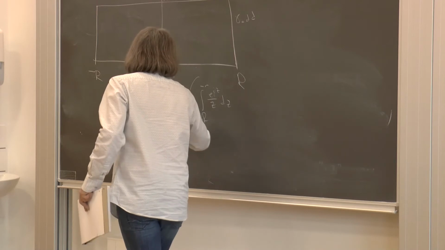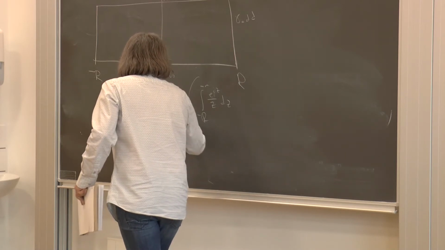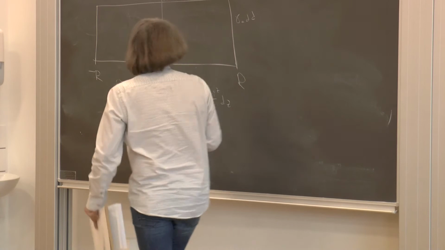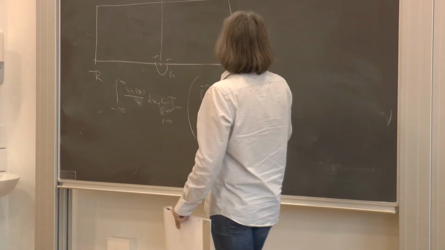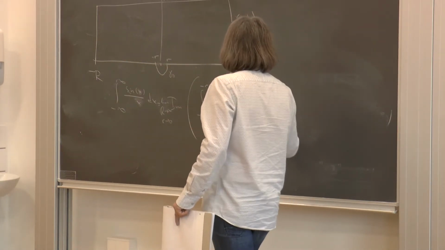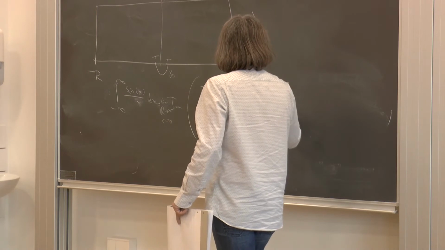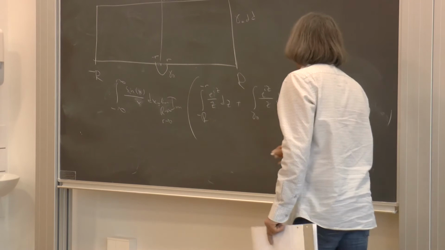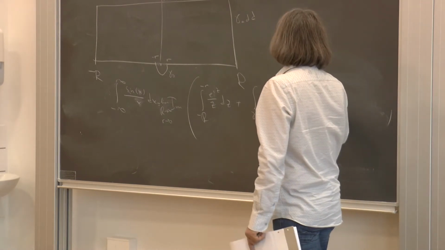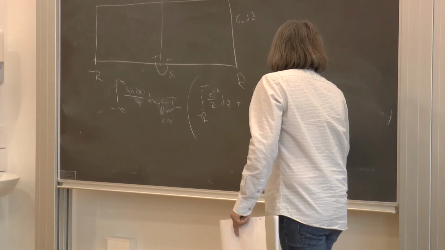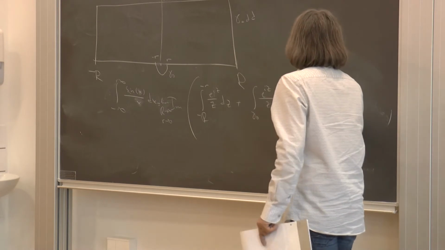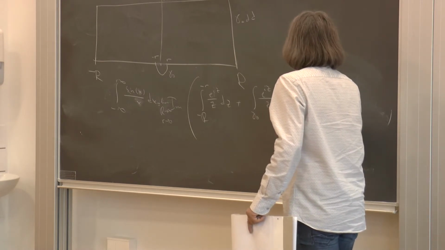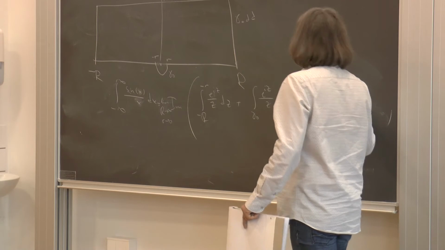And the limit is a double limit for capital R going to infinity and small r going to 0, plus the integral over gamma 0, plus the integral from r to R of e to the i z over z dz.